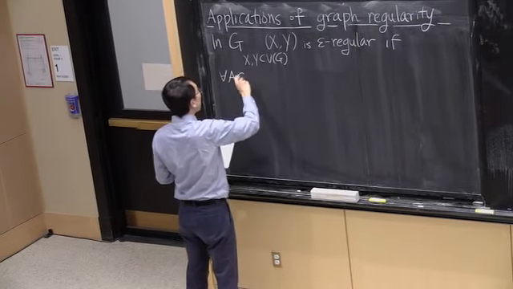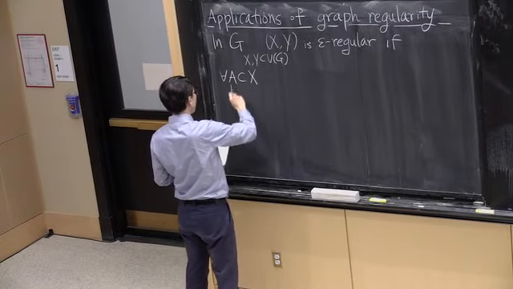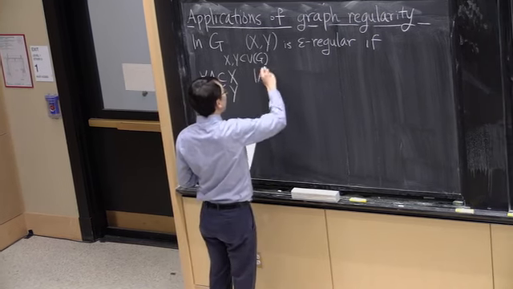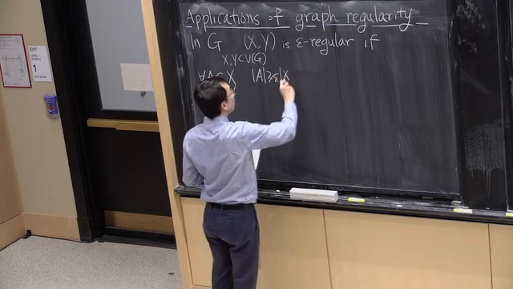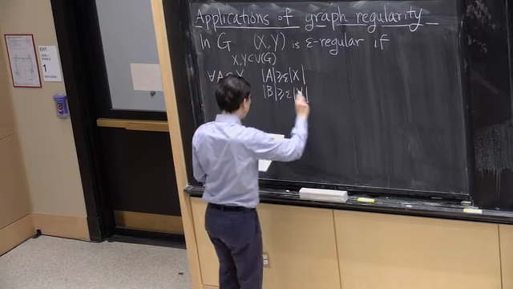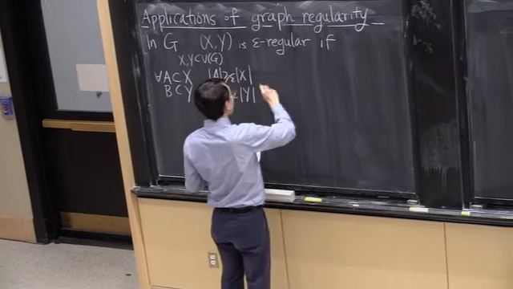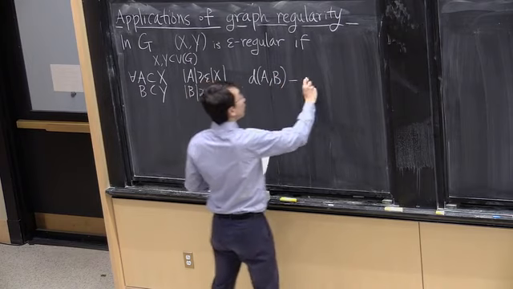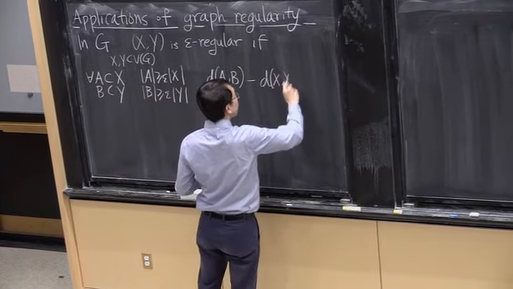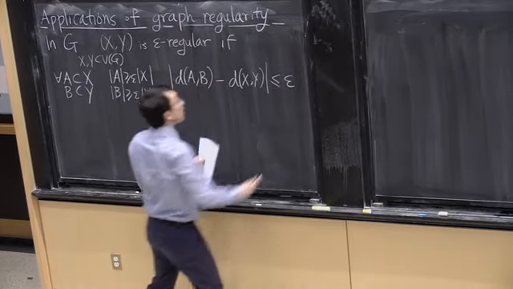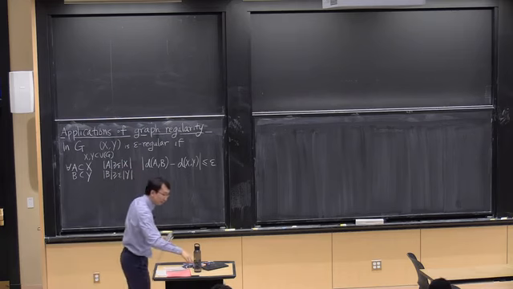For all subsets A of X, B of Y, neither too small, we have that the edge density between A and B is very similar to the edge density between the ambient sets X and Y.